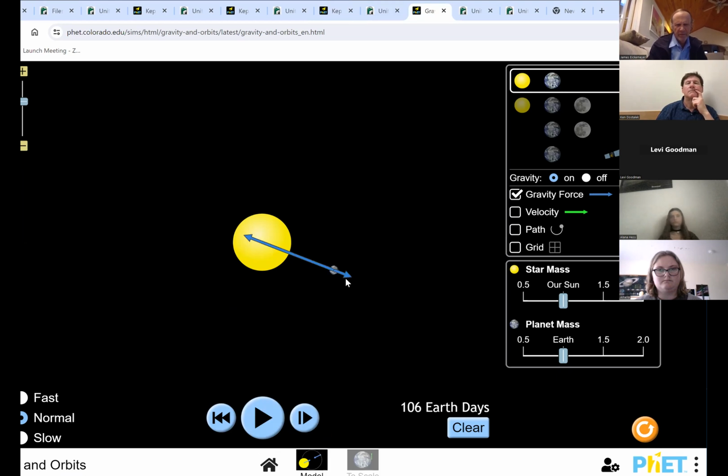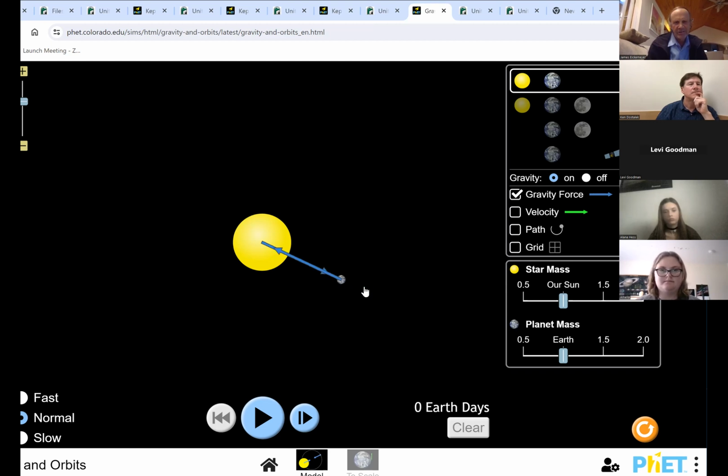I think you can, these are adaptable. Yeah, you can pull them a little farther away if you want to, so that these arrows don't overlap. So these arrows then represent the force of gravity between these two objects. And you notice at this distance away, the arrows have a certain length. But now look what happens if I move them in closer.